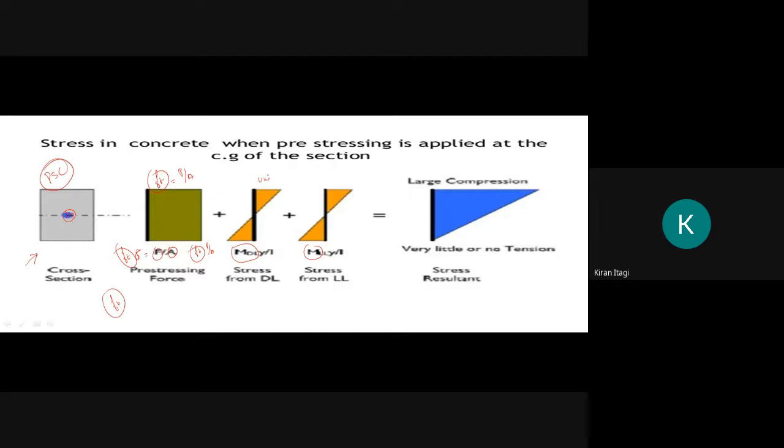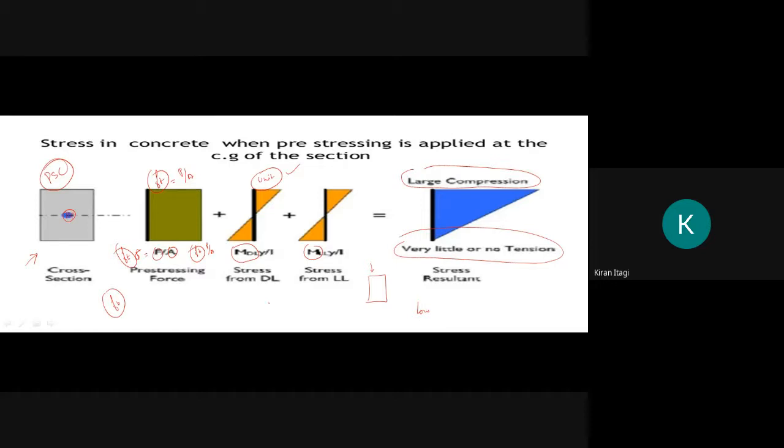In the very first unit in SD1 or SD2 we have learned, after all this, that we can see large compression and very little tension in the concrete. And you know the property of the concrete: it has high compressive strength and low tensile strength.